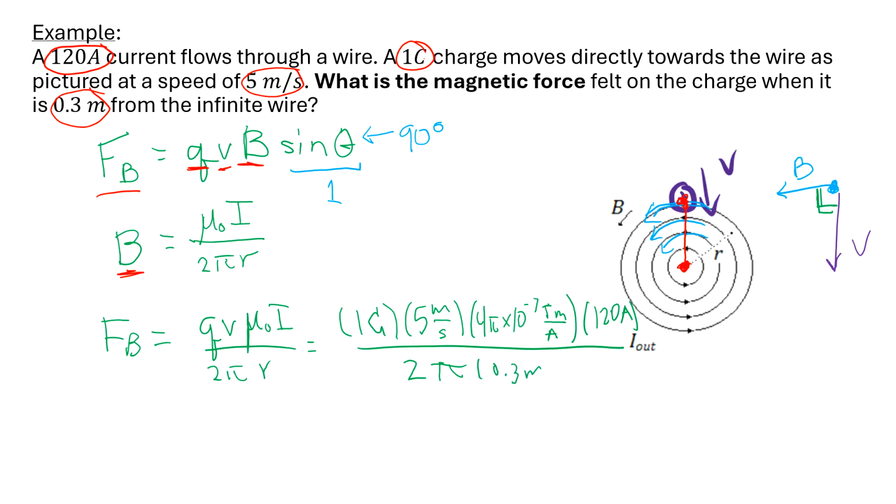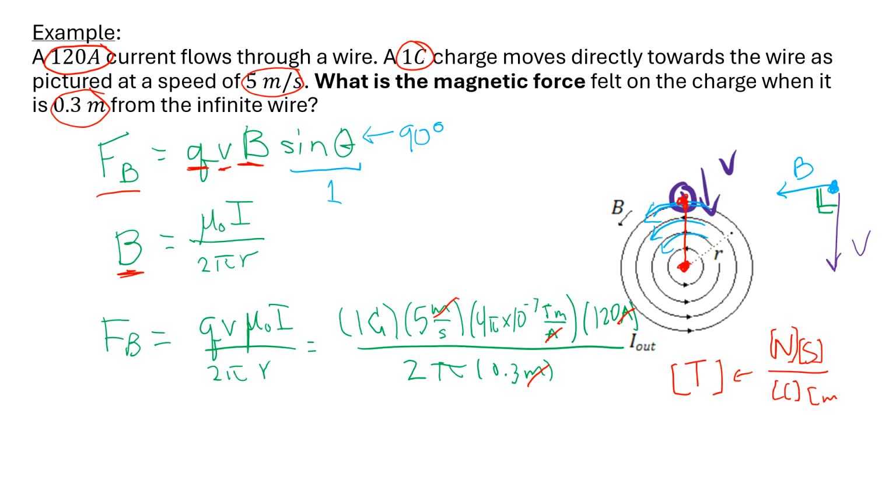We can take a quick look at our units and see what we get. Now Teslas are going to be a bit strange, but these amps cancel and these meters up there cancel. So we have a Coulomb Tesla meter per second. Well, Tesla, as it turns out, you can tell kind of from the first equation about the force, the units of Tesla are a Newton second per Coulomb meter.